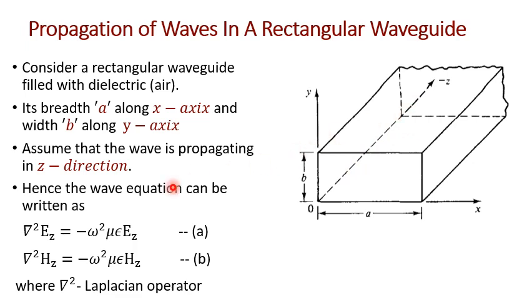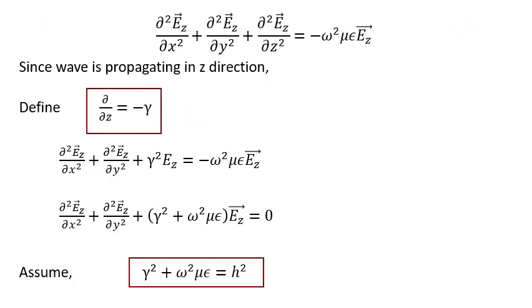Hence the wave equation can be written as del square Ez is equal to minus omega square mu epsilon into Ez, and del square Hz is equal to minus omega square mu epsilon into Hz. Here del square stands for the Laplacian operator.